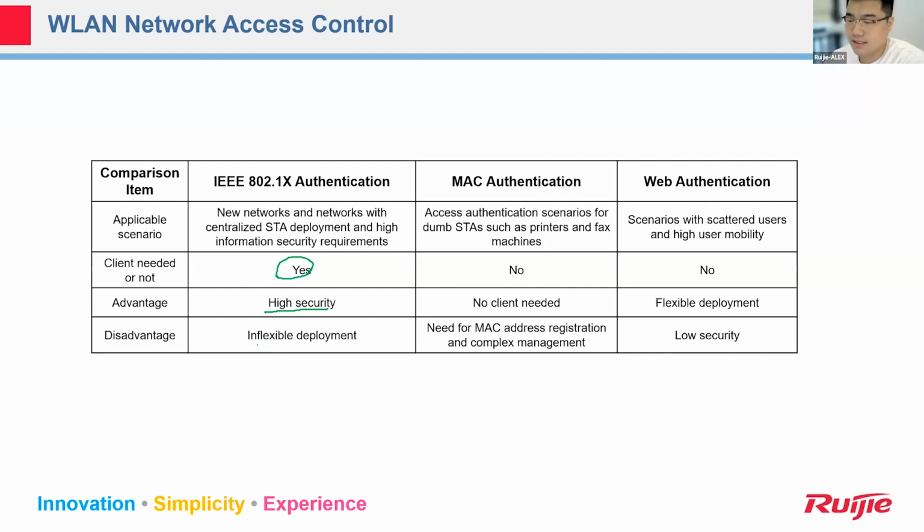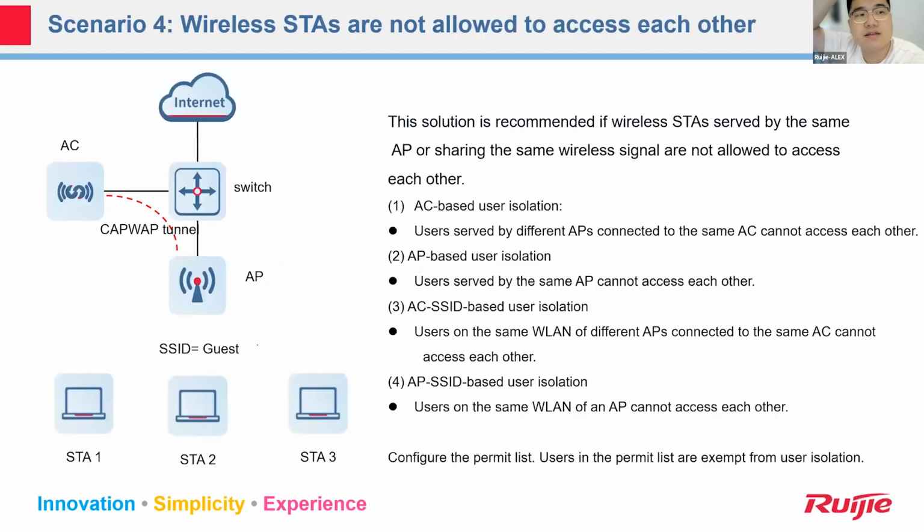And the next scenario is that wireless STAs are not allowed to access each other. This kind of requirement is commonly found for public networks. For example, for the guest Wi-Fi of a company, there could be different kinds of customers or different types of users accessing this guest Wi-Fi.